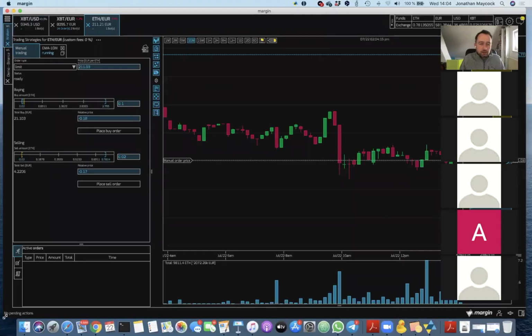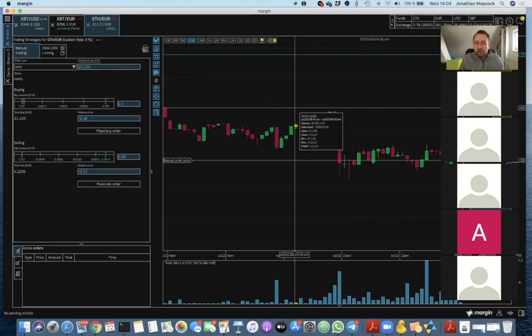Let's take a quick look at that in margin and see how we can visualize it. Let me share my screen. I hope that everybody can see the screen. Let me show you a simple moving average and an exponential moving average.